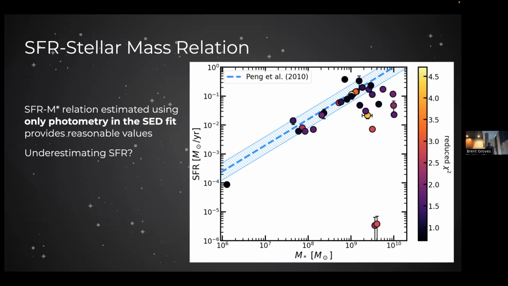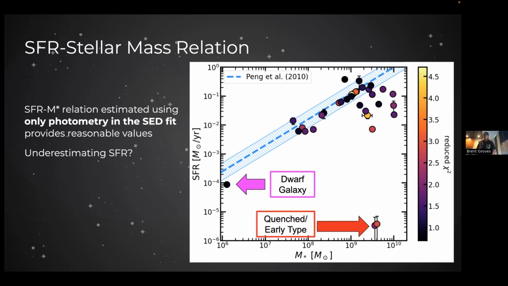When we do so, we find a pretty good correlation with observations, with a few exceptions. The Peng et al. 2010 line is from observations in blue, and the data points are one for each of our targets. But we noticed that there's a dwarf galaxy in our sample, which really stretches the Peng 2010 relation down beyond where it should be valid.